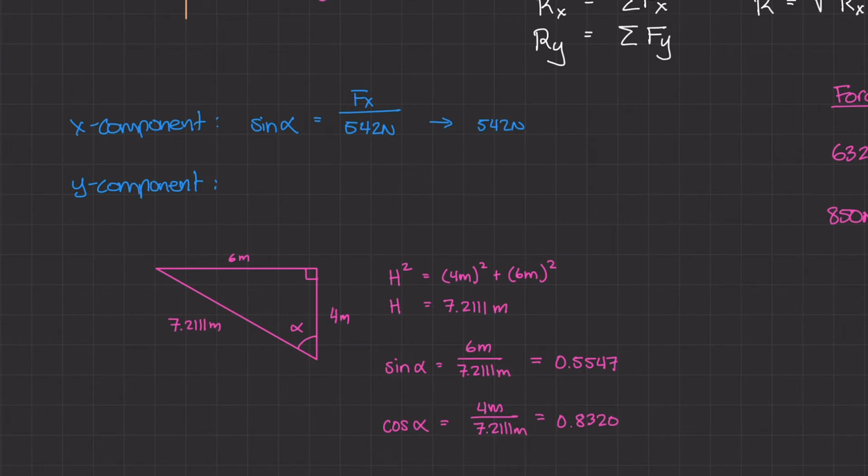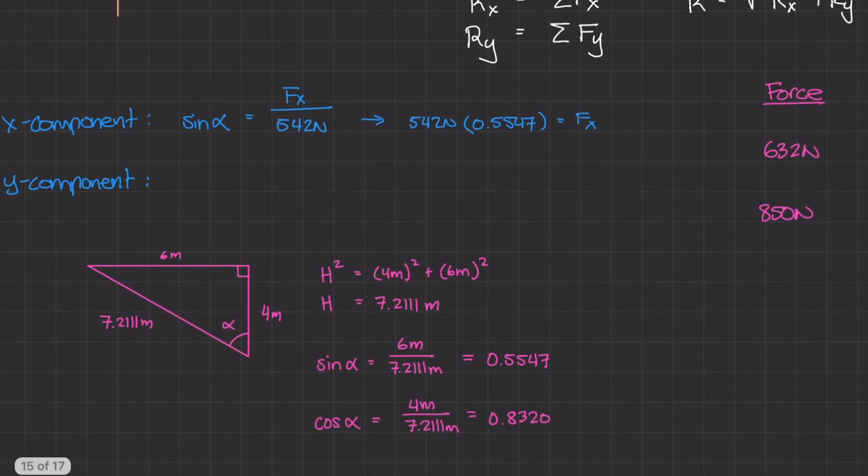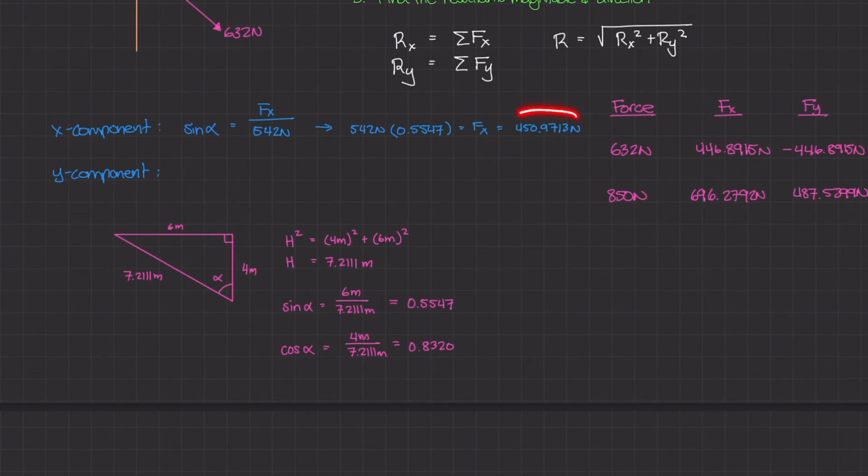On the left-hand side, it's going to be 542 times sine of alpha, which was 0.5547. And that is equal to F of x. Now, F of x turns out to be 450.9713 newtons. So great, we figured out what the x component of that force was.